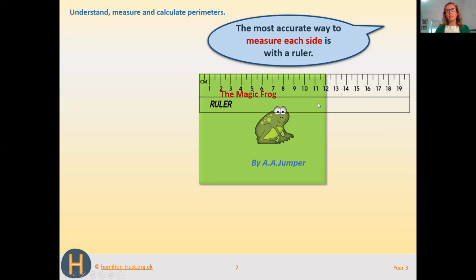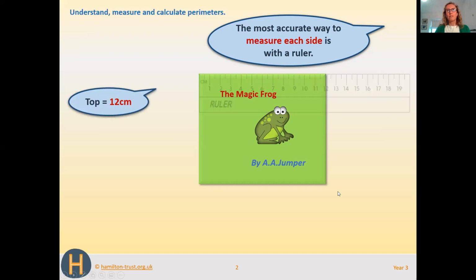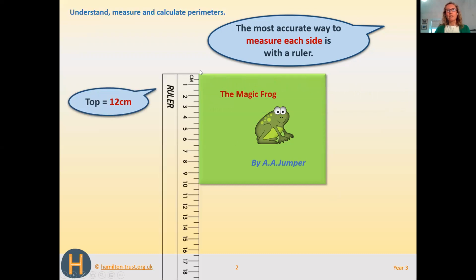We're measuring in centimetres. So the top is 12 centimetres. Then we can measure the left-hand side. We've got the 0 at the edge of the book, and we read down the scale and we can see that it measures 10 centimetres. So the left-hand side of the book is 10 centimetres.